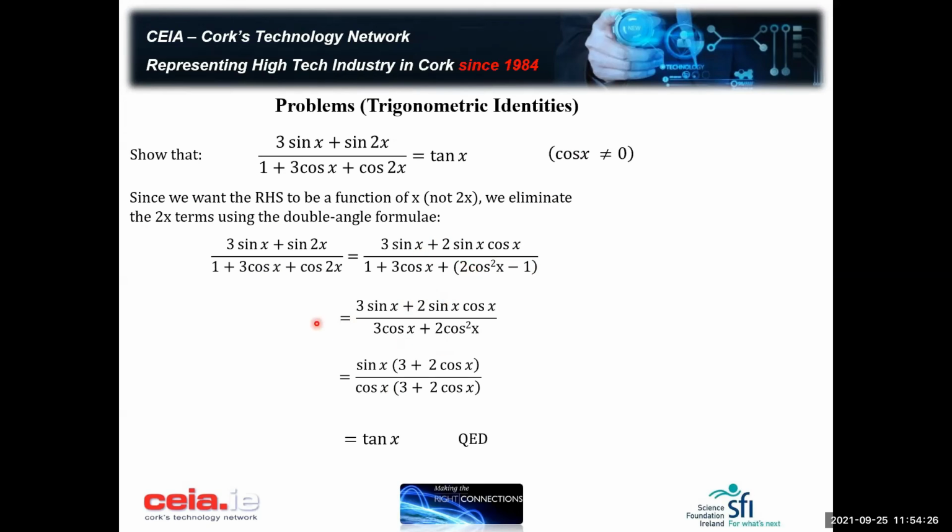Okay, and you proceed there, simplify it, the ones cancel out. You get 3 sine x plus 2 sine x cos x on the top. Now the hint is that you're looking for tan x. So if you take out a sine x on top and a cosine x on bottom, it factorizes nicely, and the second factor cancels. So you end up with tan x as required.